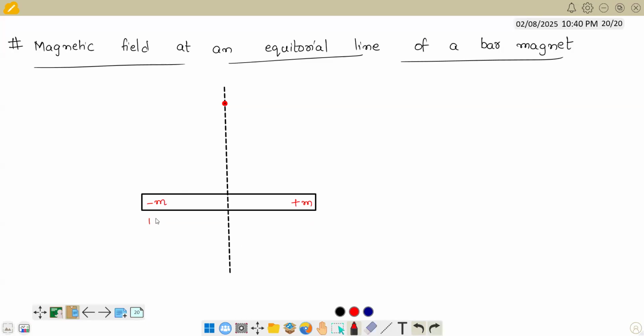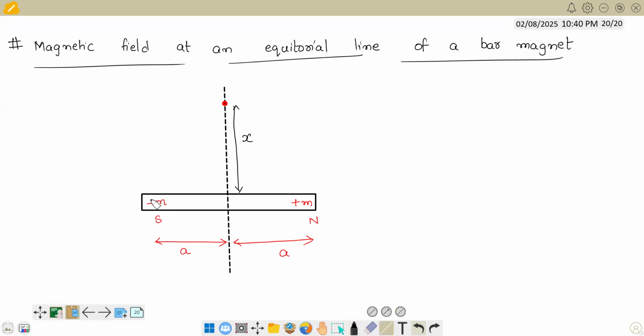Sorry, this would be my south, this would be north. From here to here, it is a. Again, from here to here also, it is a only. So both are a. And let us assume this distance as some r or x, anything like that. So let me call it x.